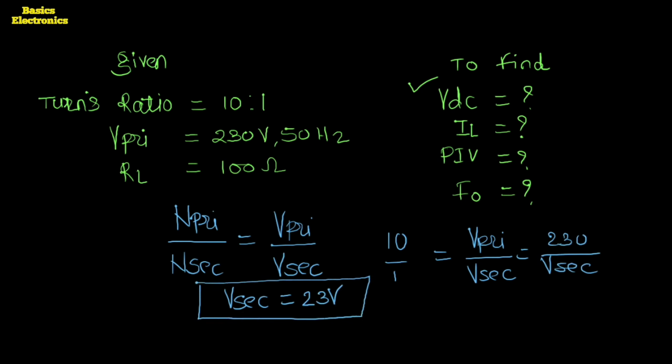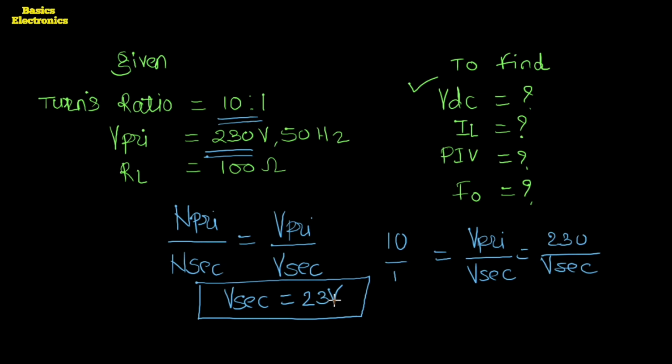It means when the turns ratio is given in the example, it is necessary to find the secondary voltage by using the primary voltage and the turns ratio of the transformer. So we got the secondary voltage, which is equal to 23.